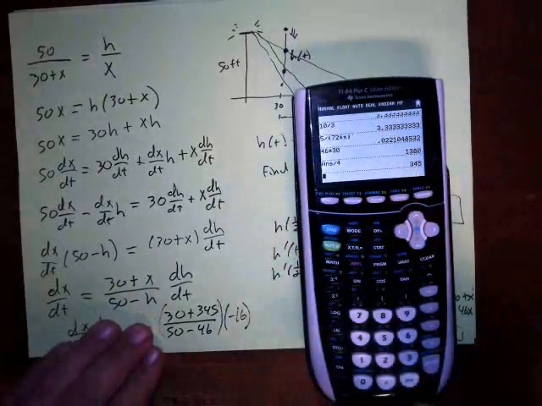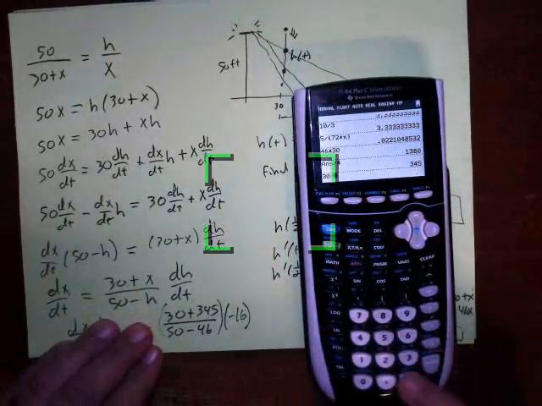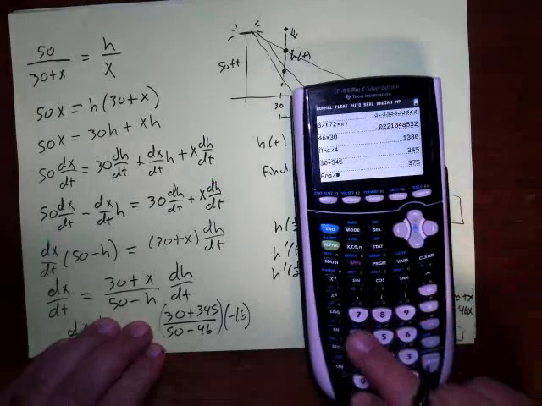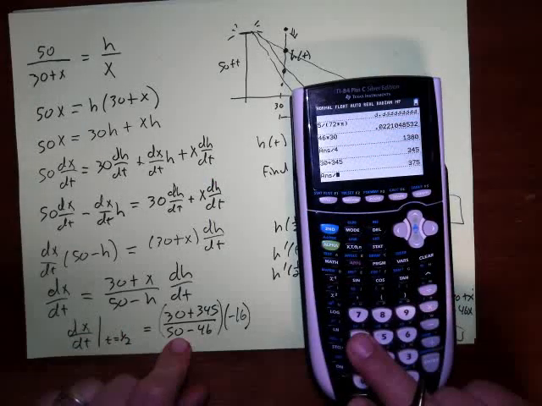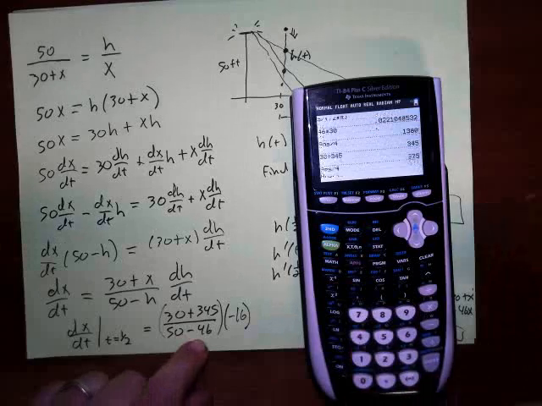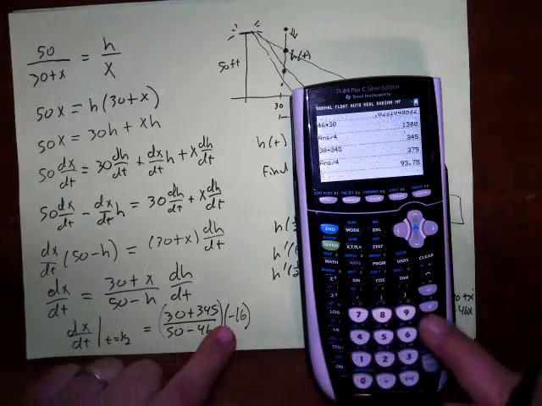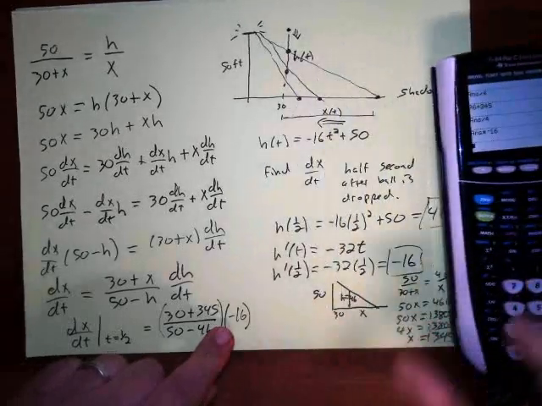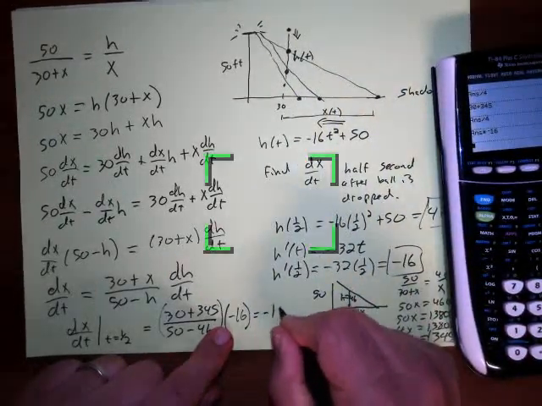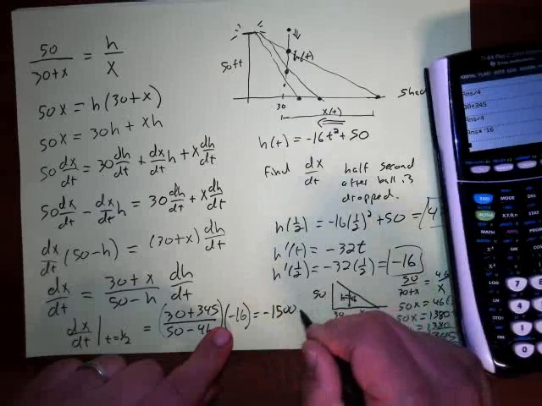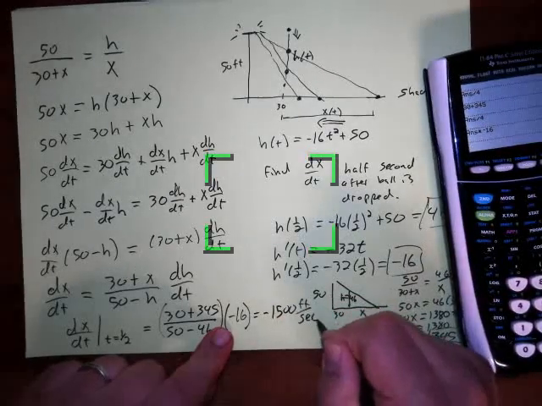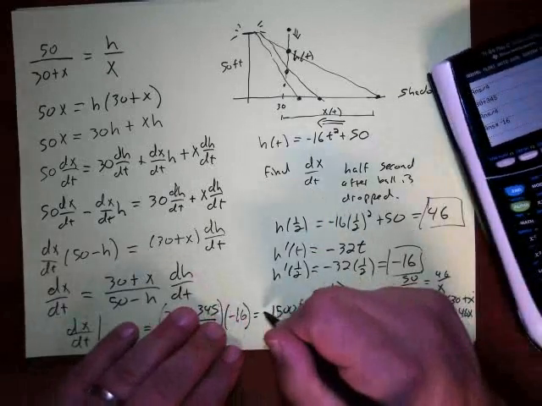Okay, so 30 plus 345 is 375. I divide that by 4, I get 93.75. Multiply that by negative 16, and I get negative 1,500 feet per second.